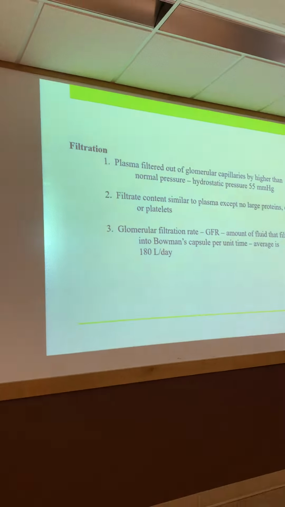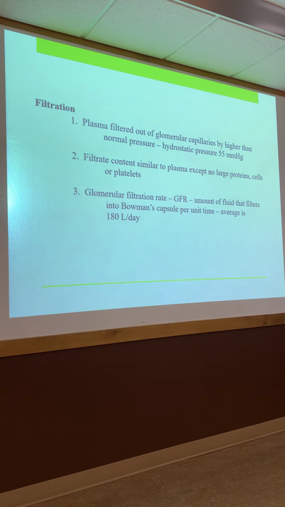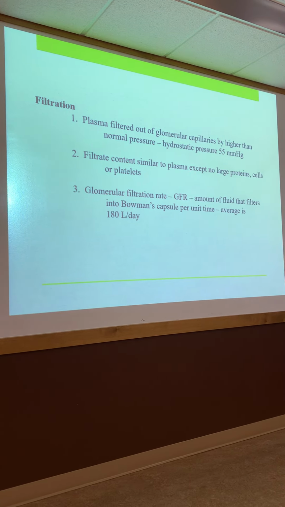So, filtration. Filtration is what happens at the level of the glomerulus. So plasma, the liquid part of the blood, in the bloodstream, in the capillary, is called plasma. Once it leaks out, it's called filtrate.